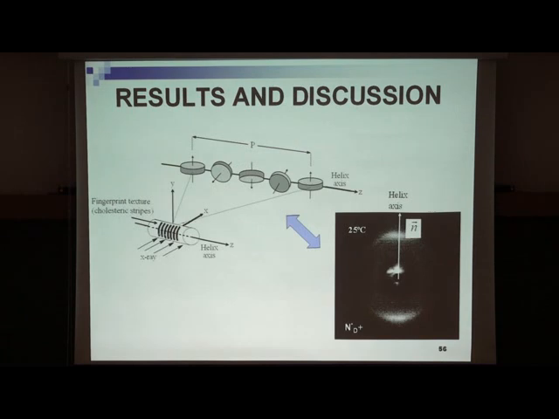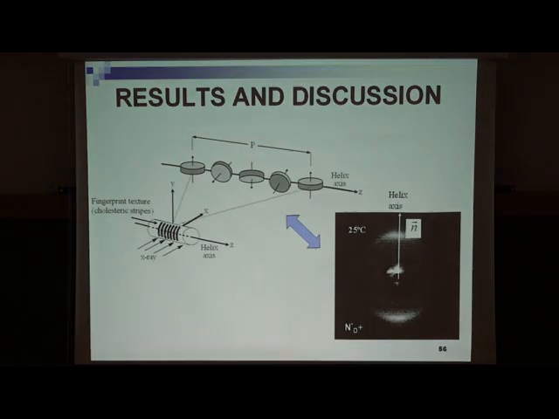And we applied the Sachs experiment to the phases. We obtained ellipsoid-like diffraction. And as you can see, micelles turn around the helix axis, and the diffraction arises from the thickness and diameter of the micelles.